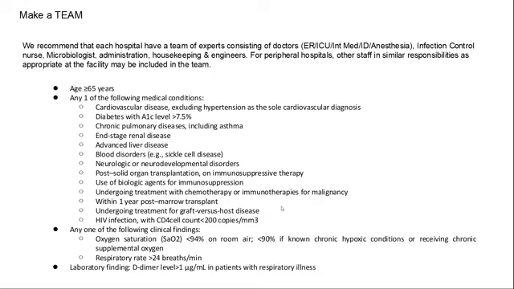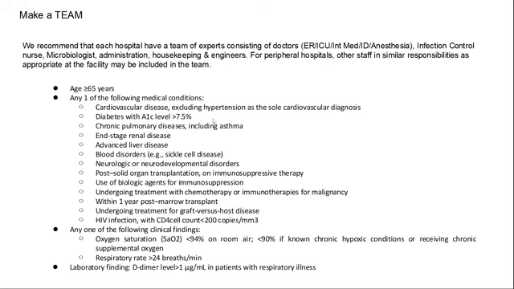So basically, treatment of COVID-19 is really complicated. So you need a team effort. So basically, you want to have a team of experts in each hospital. The doctors involved should be ER, ICU, internal medicine, infectious diseases, and anesthesia, and infection control nurse, microbiologist, administration, housekeeping, and engineers.